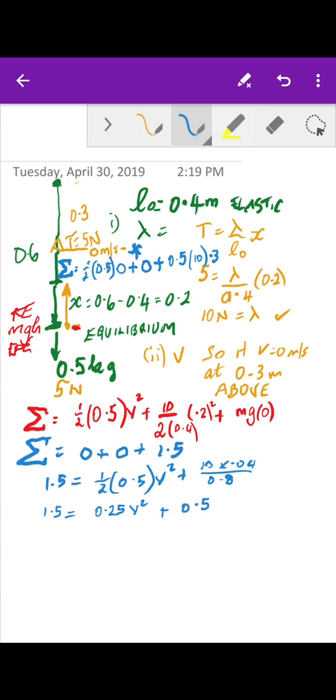So we will have 1.5 minus 0.5, which is 1, divided by 0.25, which is 4. Therefore, v squared equals 4. So v equals 2 meters per second. Okay, so that's part 2.